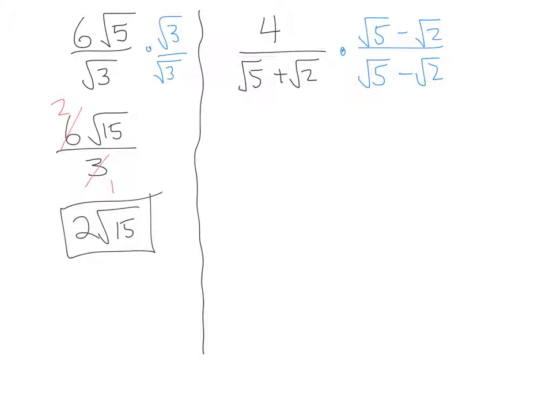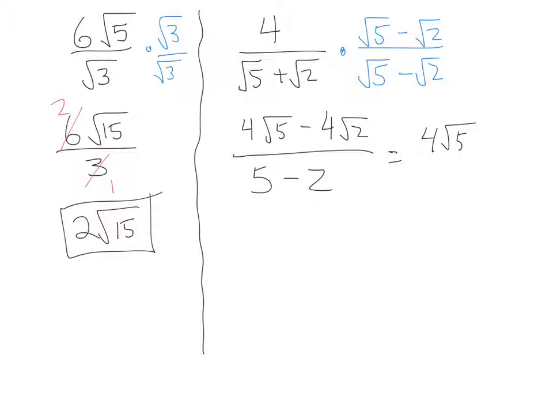And of course the numerator is now simply 4 root 5 minus 4 root 2 if we've distributed properly. And on the denominator, what we're going to get is root 5 squared, which is 5, minus root 2 squared, which is 2. So that's going to give us 4 root 5 minus 4 root 2 over 3.